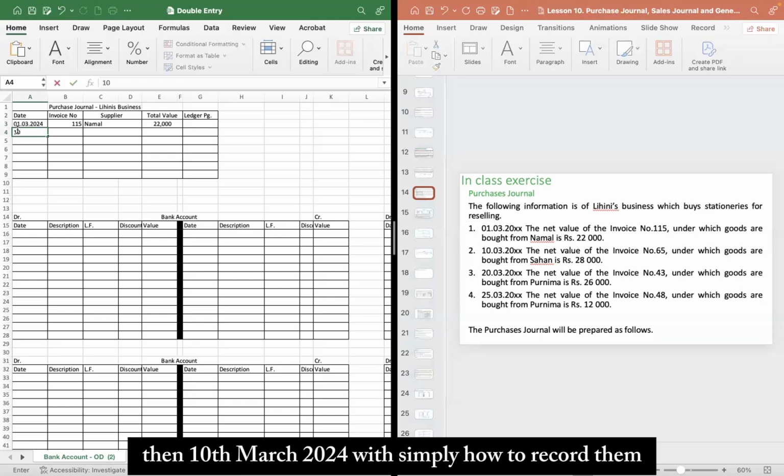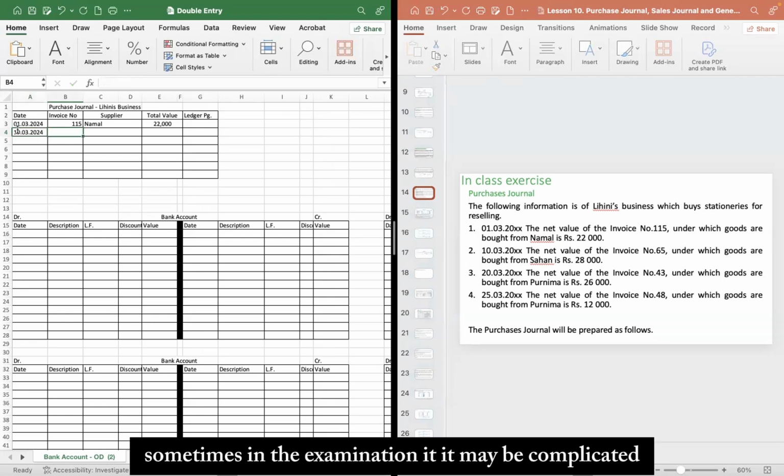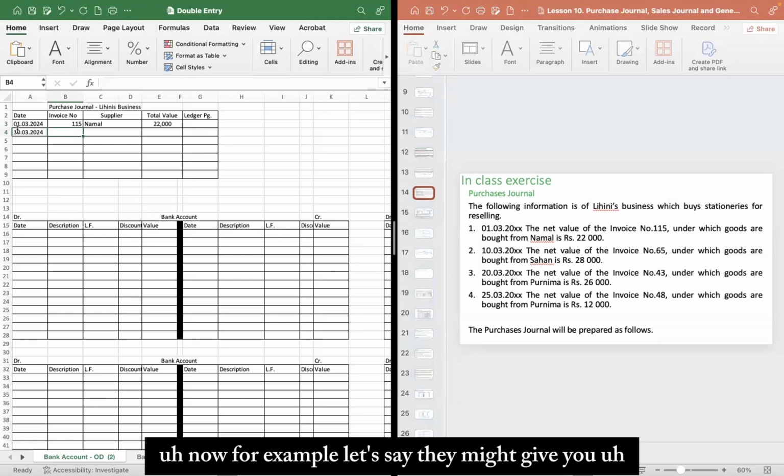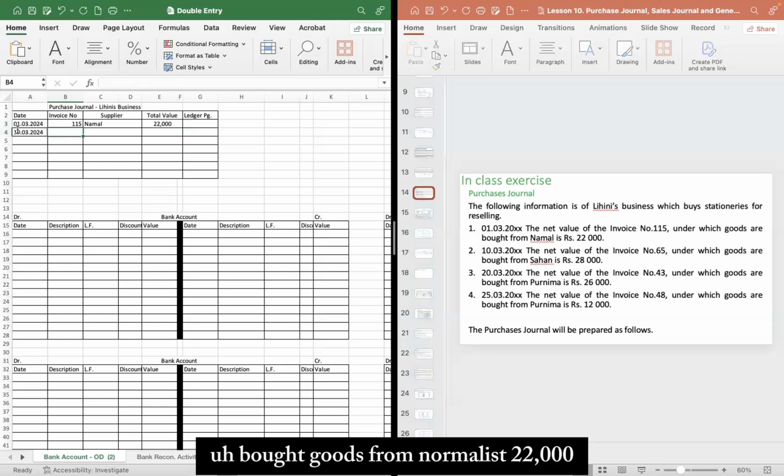Then 10th March 2024. We simply have to record them. Sometimes in the examination, it may be complicated. For example, they might say a certain trade discount is given. Let's say goods from Normal are 22,000 and there is a trade discount of 10%.